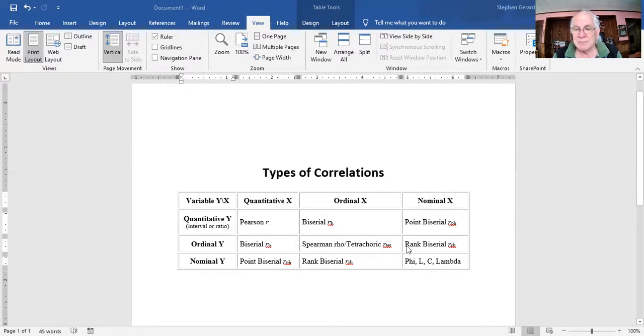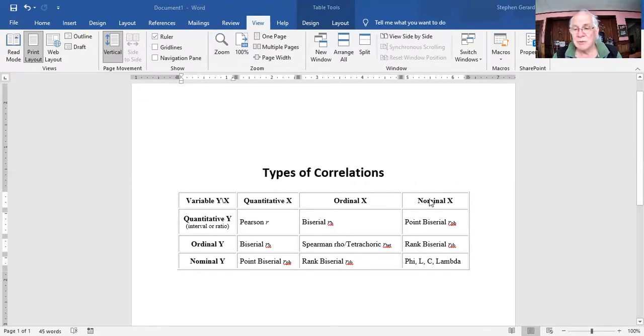Rank biserial is for ordinal with nominal. If I want to correlate your high school graduating rank with whether or not you own a home, whether or not you own a home is nominal and high school rank is ordinal, you use the rank biserial correlation.